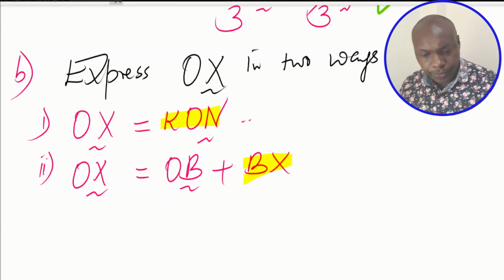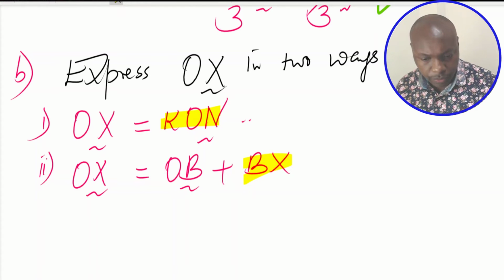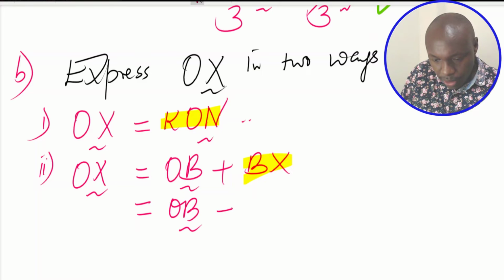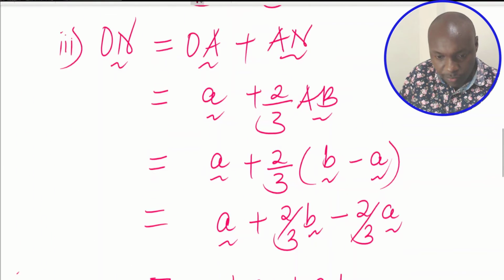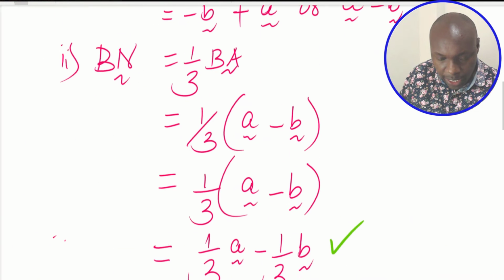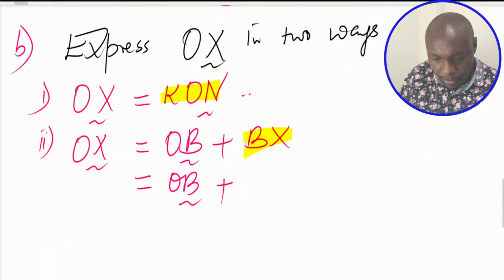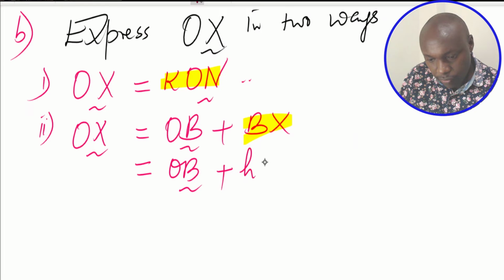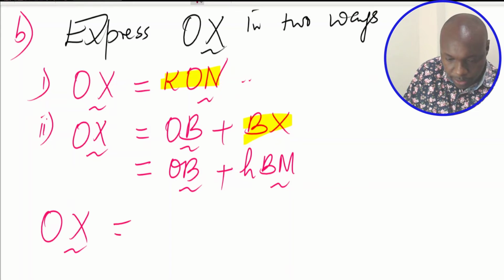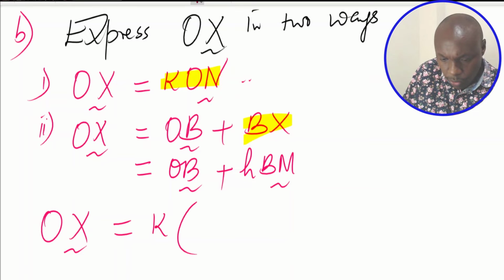So now let's go to the first one. You'll notice that OB plus BX is already what we have been given here. BX is given as HBM, so here we shall have HBM. Let's go to the first expression of OX, which is KON.